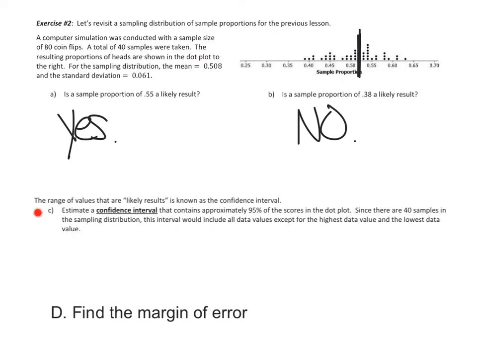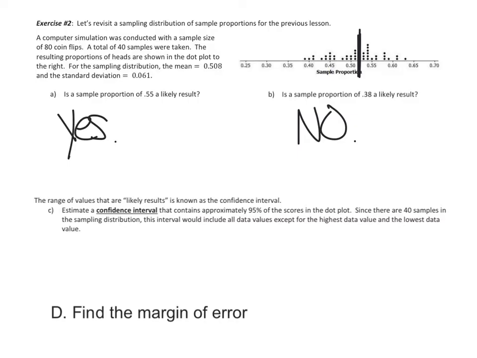So here's our next key. The range of values that are likely results is known as a confidence interval. So if we want to estimate the confidence interval that contains approximately 95% of the scores in the dot plot, since there are 40 samples in the sampling distribution, this interval would include all the dots except for the highest and the lowest. So notice it's saying estimate it.